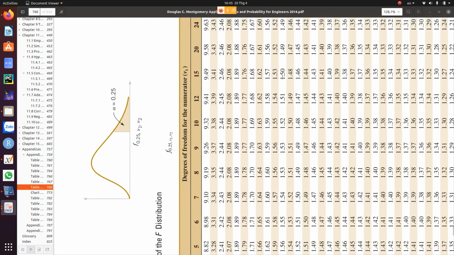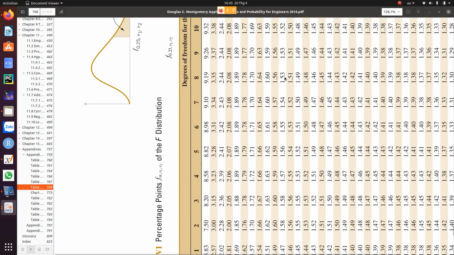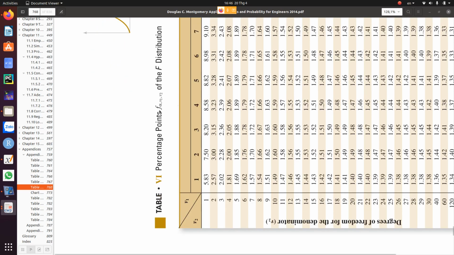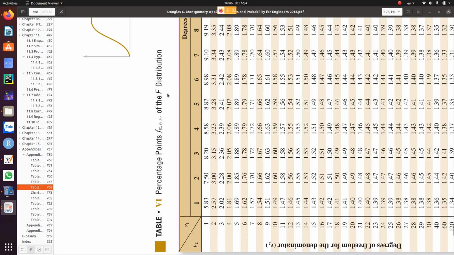So you need to look up the corresponding, the correct table. Here, look at the table: percentage points of the F distribution. Okay, this is the Fisher distribution. This is what we need.